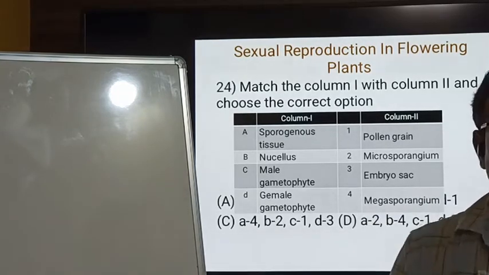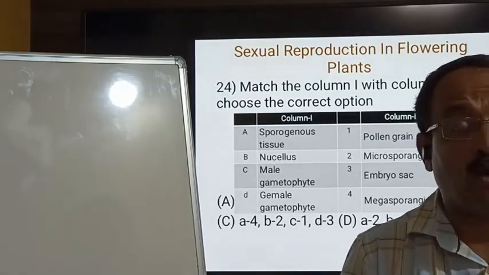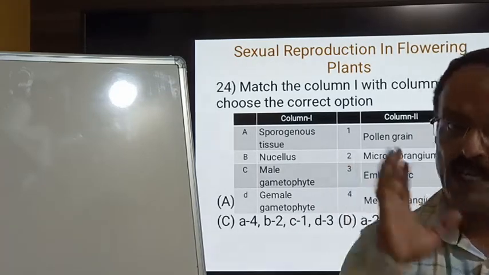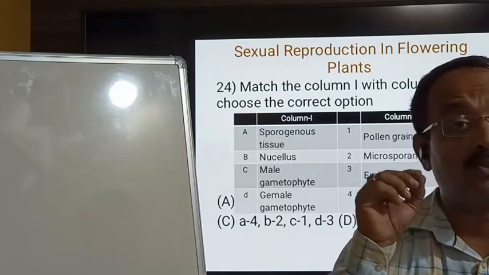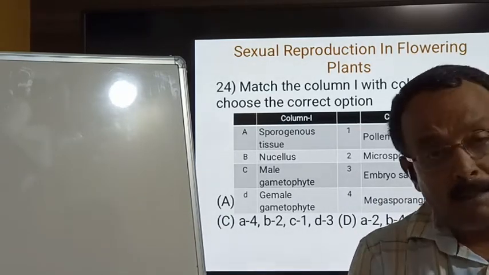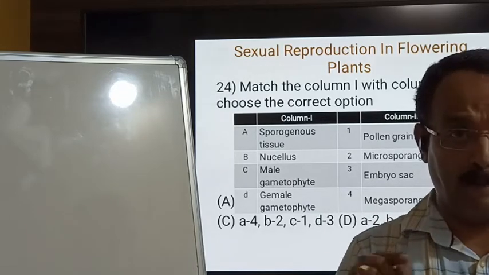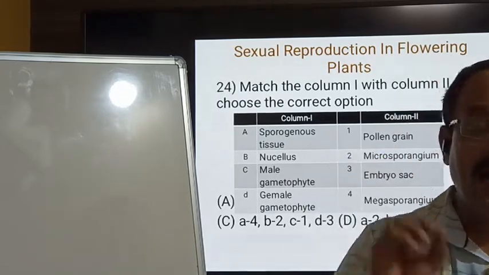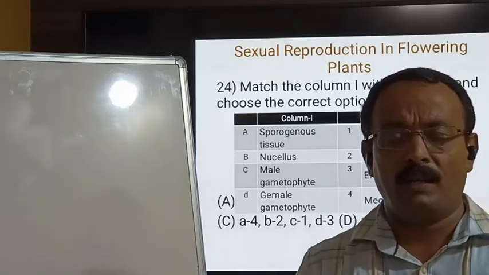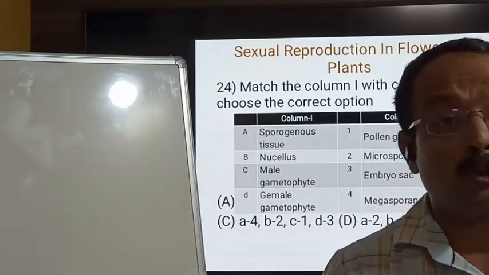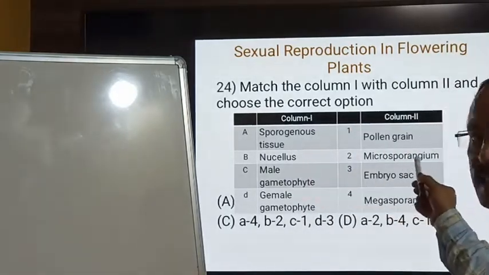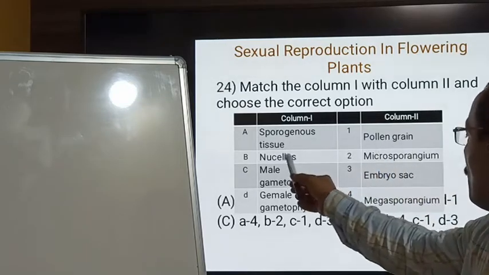Before the anther is mature, the entire microsporangium is filled with homogeneous tissue called sporogenous tissue, and the cells of this sporogenous tissue later become pollen mother cells, PMC, and each of these pollen mother cells on meiotic cell division produces microspore tetrads. So sporogenous tissue is present inside the microsporangium.